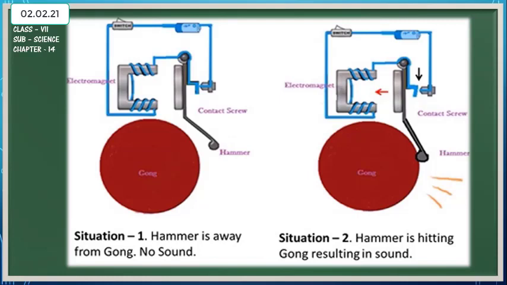And then, as the hammer falls back, the iron strip again comes in contact with the contact screw and the circuit gets completed. This again turns the iron piece into an electromagnet, and the whole process continues until the bell is switched off. This results in the continuous ringing of the bell.